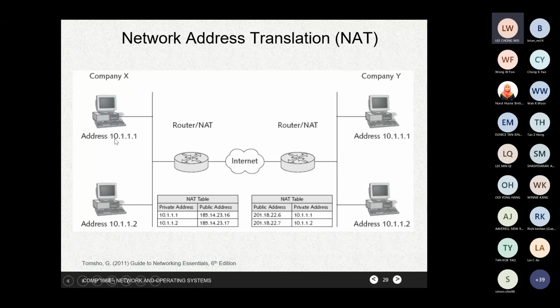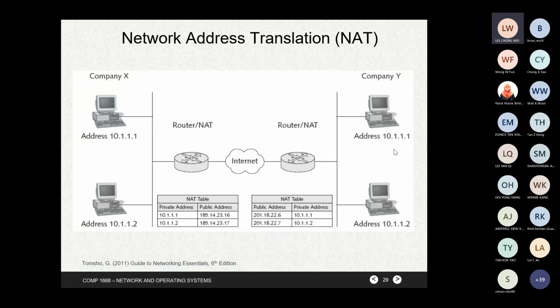All are private, private class A. This is company Y. You see, company Y can use their own and the same IP addresses as company X. No issue because they are private. They are only known to company X. IP addresses of Y are only shared within company Y. They don't share between X and Y. So they can have the same IP address.